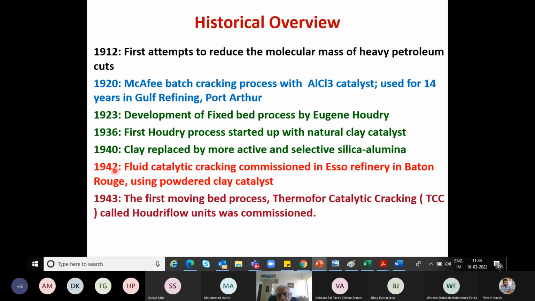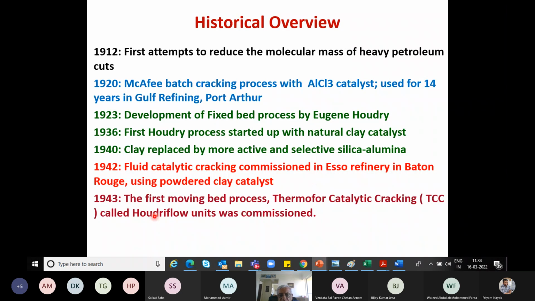In 1942, although the war ended later, the pressure for producing more gasoline and diesel due to World War II helped accelerate the development of fluidized catalytic cracking, resulting in the first commercial technology of what we know today, called fluidized catalytic cracking, which was commissioned in the Esso refinery in Baton Rouge in Louisiana. And this was using powdered clay catalyst.